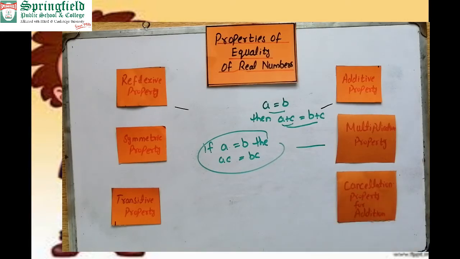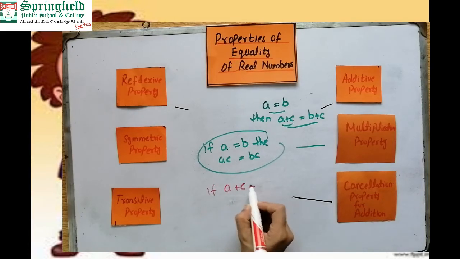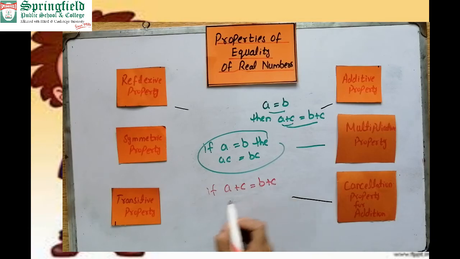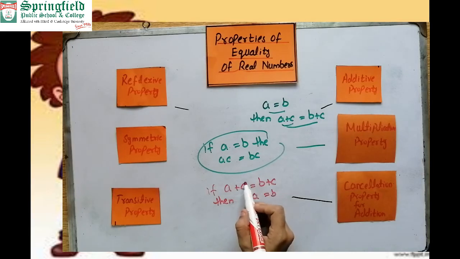Cancellation property for addition says that if A plus C is equal to B plus C, then A is equal to B. Cancellation means we can cancel C with C. How?